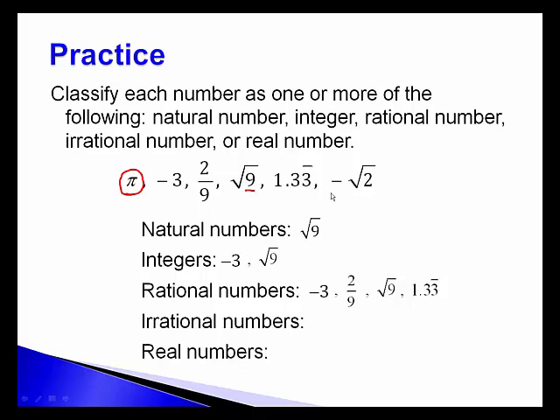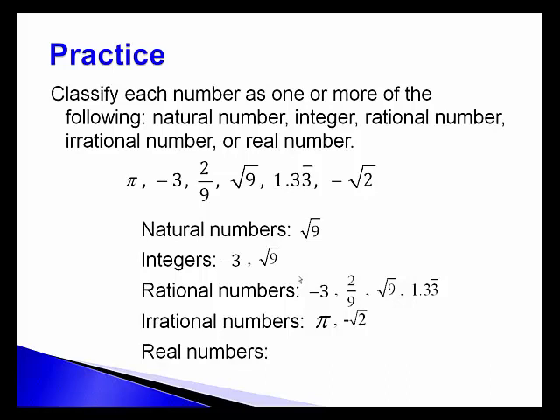But over here we do have a negative square root of 2. 2 is not a perfect square, so this is an irrational number. Let me just point out that this sign out front is a non-issue. Had this been a negative number inside the radicand, then this would not be an irrational number. But the negative outside is not a problem. So let's add these two to our list, pi and a negative square root of 2.